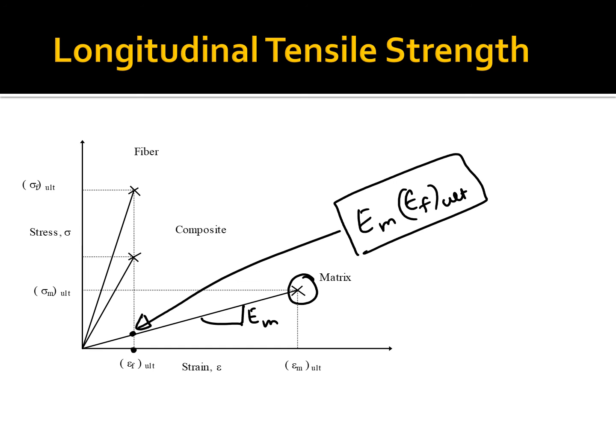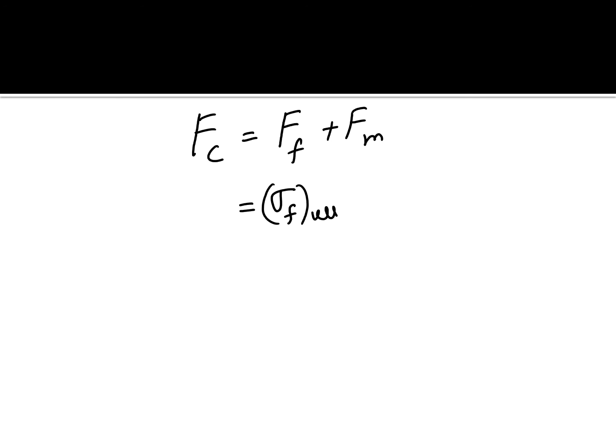So let's go for the derivation now. The force in the composite in direction 1 will be the force in the fiber plus the force in the matrix. The force in the fiber when it reaches the ultimate strain in the fiber will be the ultimate stress in the fiber multiplied by its area.